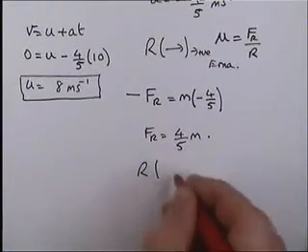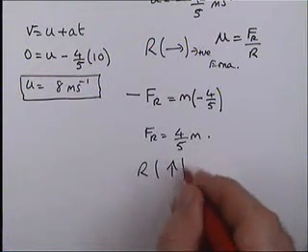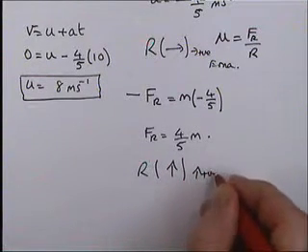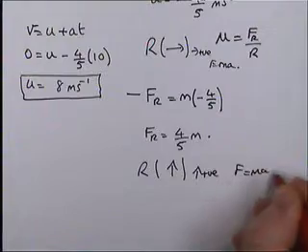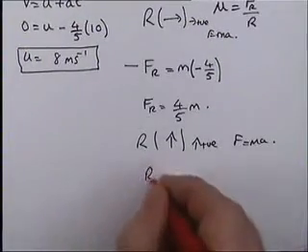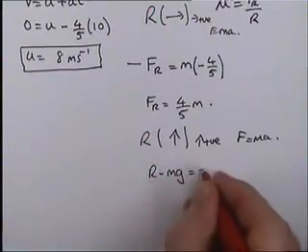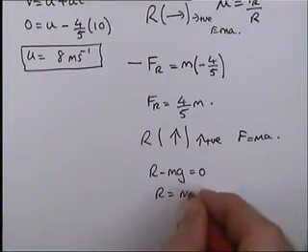So I get friction equals 4/5 of m. Now I'm going to resolve perpendicular, which is up in this case. Taking up as positive, F equals ma again, and I get R minus mg equals 0, or R equals mg.